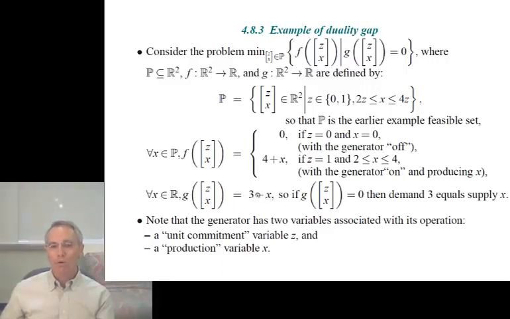We met that one before for a similar type of example with a generator. So if g of z, x is 0, then the demand 3 equals supply x, or to put it another way, supply equals demand. So the generator has two variables associated with its operation, a commitment variable z, and a production variable x.